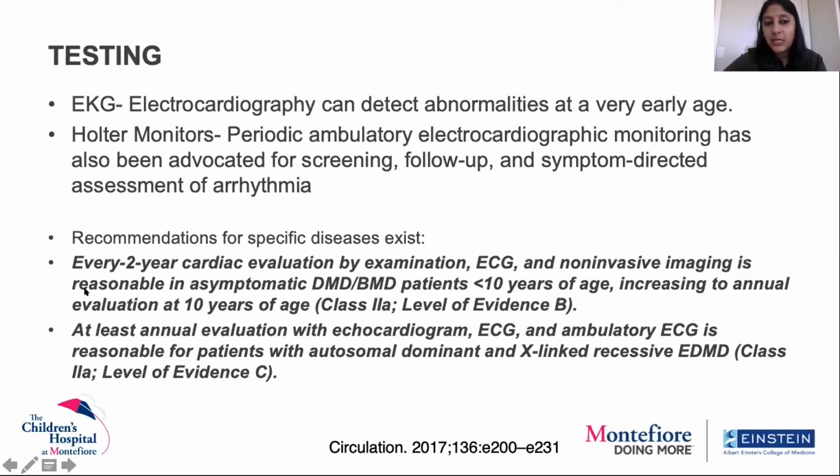So obviously, there are certain guidelines that exist. However, if there is any suspicion, if there is any concern, the physicians can always do more screening or less screening after they talk with the multidisciplinary team, after they consult with the parents, and after they consult with the patient themselves. Sometimes teenager patients have a lot of opinions.